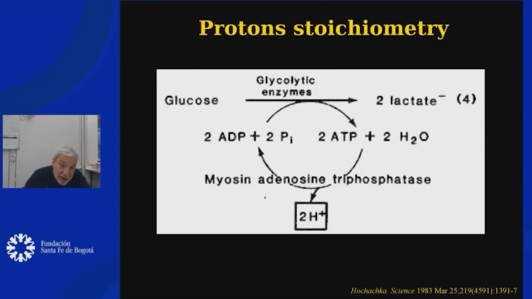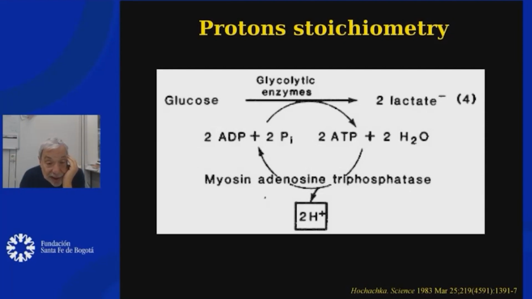Now, if you count, this is exactly the amount that we have in lactate. And when we have this transformation, in this model, the natural end of the glucose is not pyruvate, it is lactate.